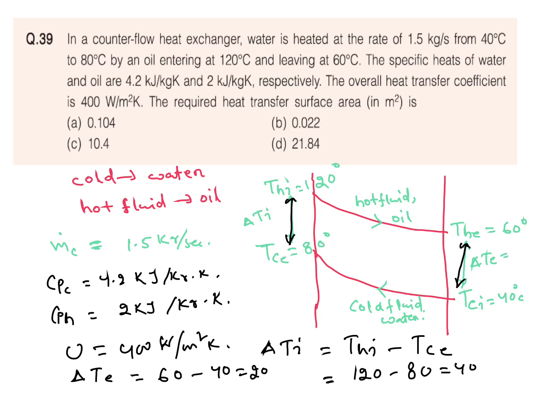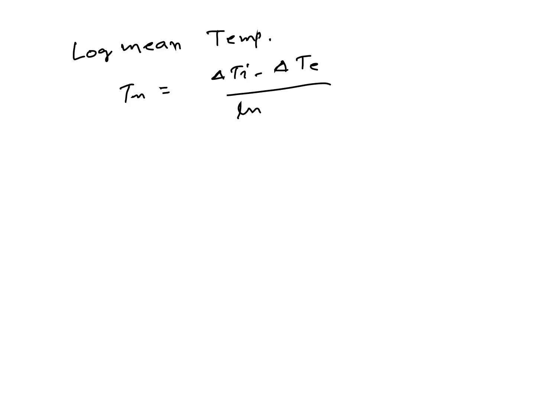So calculate delta Tm, the log mean temperature: delta Tm is delta Ti minus delta Te divided by ln of delta Ti by delta Te. So delta Ti we got 40 minus 20 divided by ln 40 by 20.